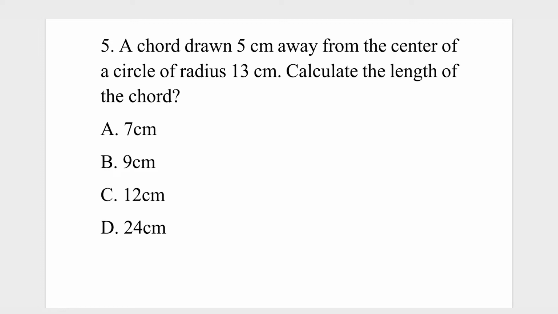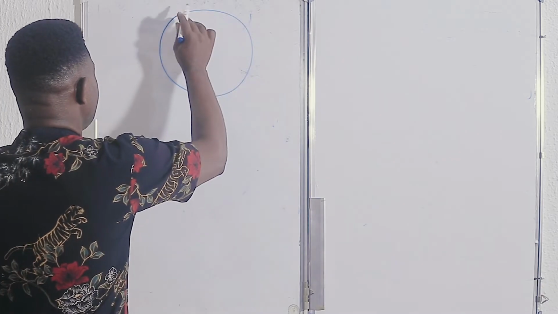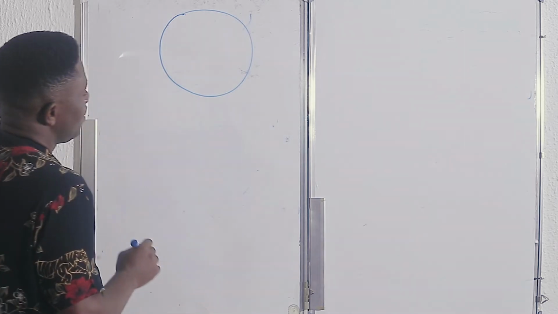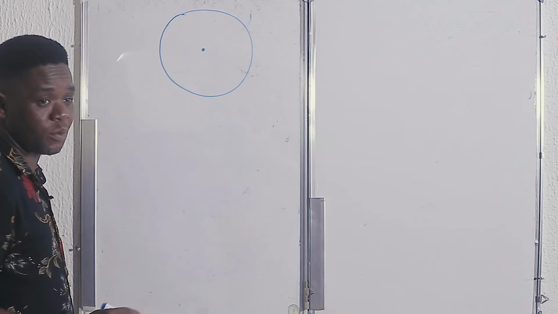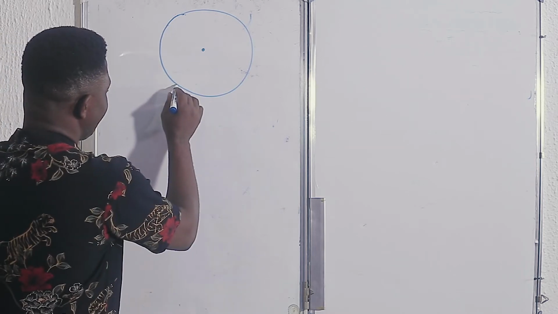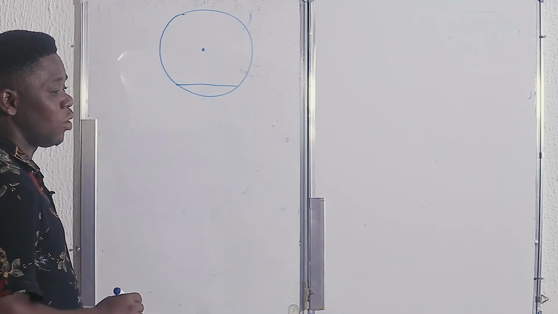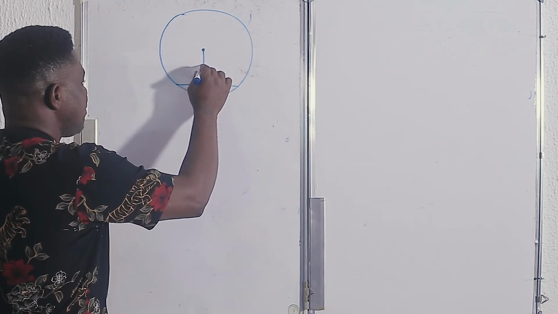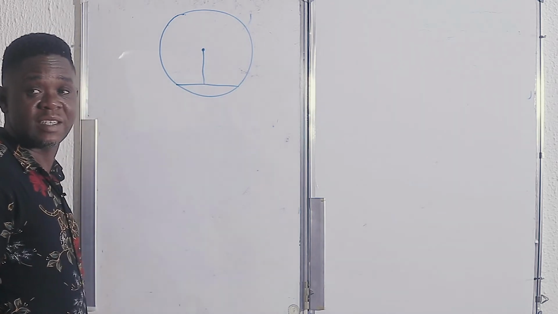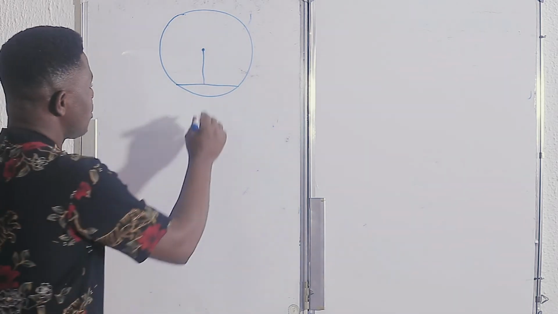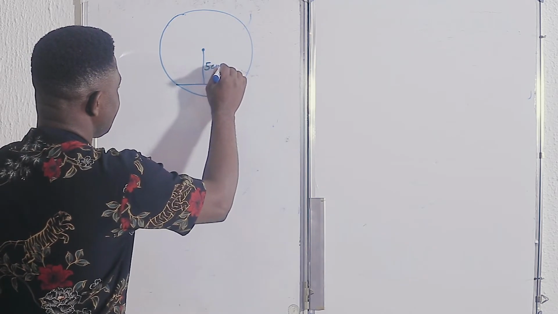So if you have a circle like this, let's say this is the center of the circle, and we have a chord drawn like this. We are told that this chord is 5 centimeters from the center of the circle. So from here to here is 5 centimeters.